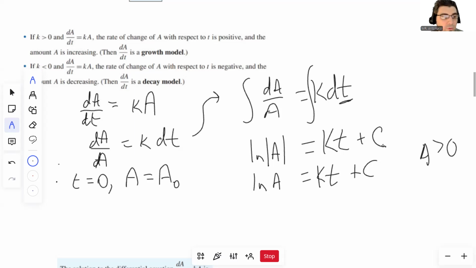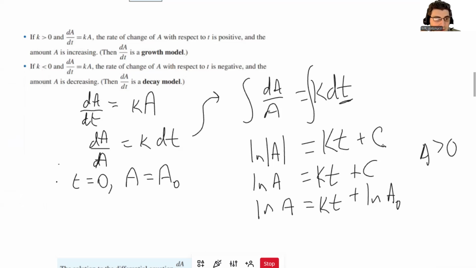So if I substitute that in, natural log A equals kt plus natural log of A naught.